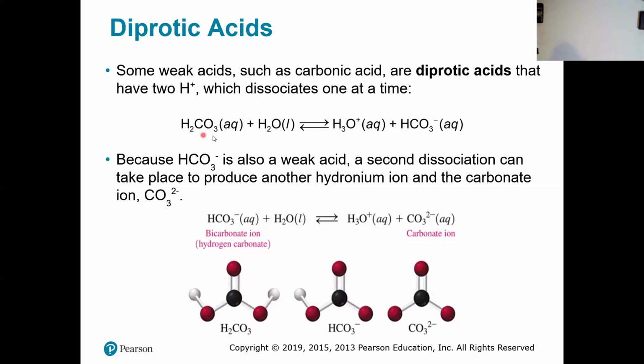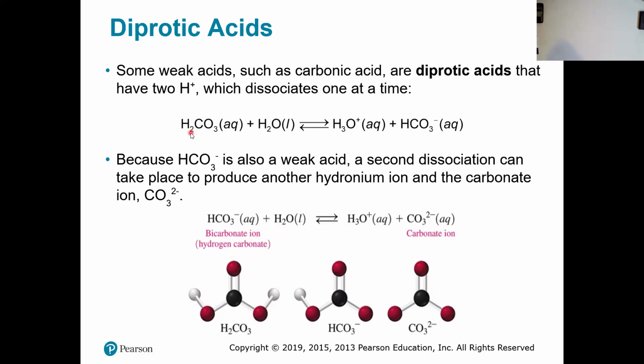So let's say that the H2CO3 reacts with water and it forms HCO3 minus 1. That HCO3 minus 1 can also react with water and form CO3 2 minus. So if we start out with H2CO3 and we end with CO3 2 minus, that means that we've released 2 H plus ions into solution.